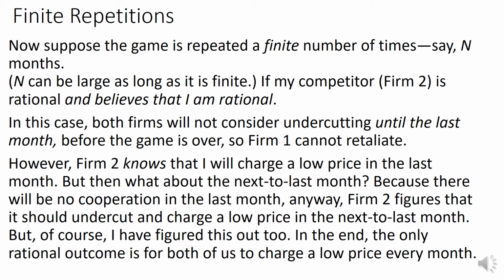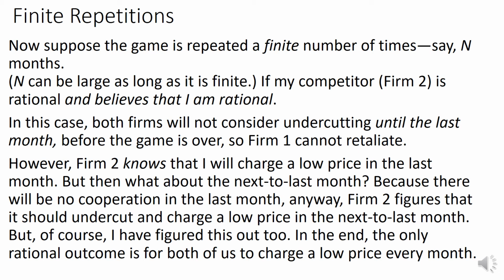So under finite repetitions, firm 2 or firm 1 or Wegmans or Food Lion or however you want to think about it, aren't going to think about undercutting until the last month. But once you think ahead to the last month, it's important to consider the second to last month and the third to last month.